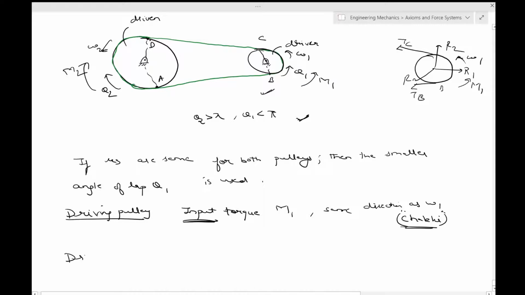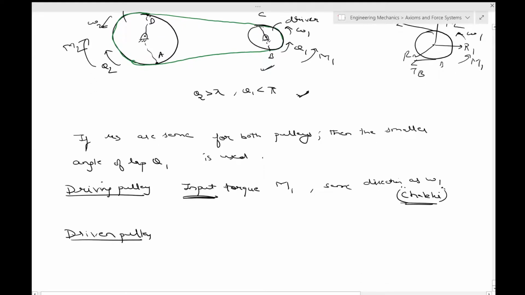However, for the driven pulley, the load, sorry, the load or so-called output torque, let me just put that over here.